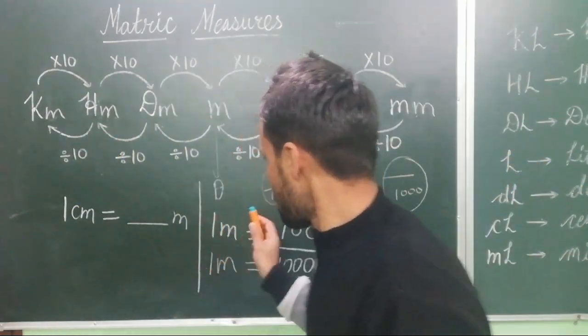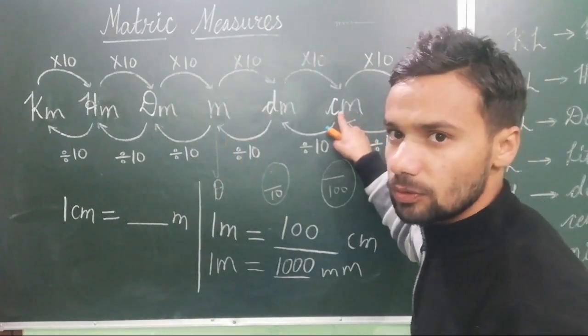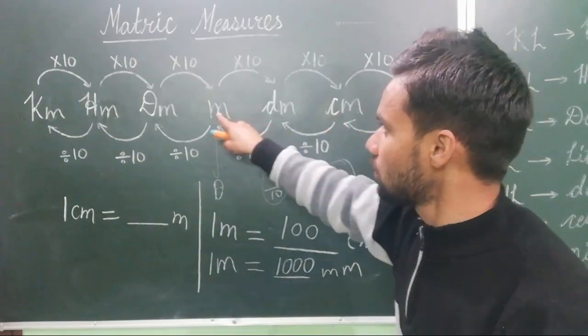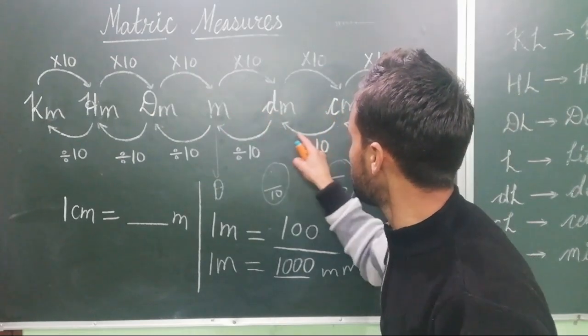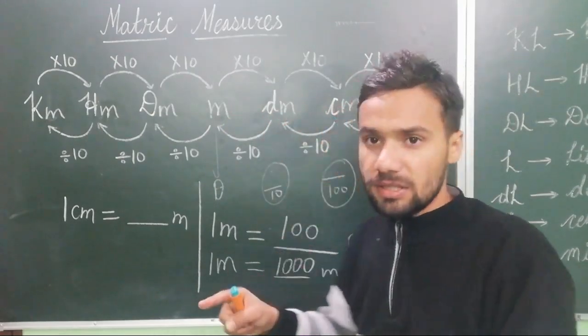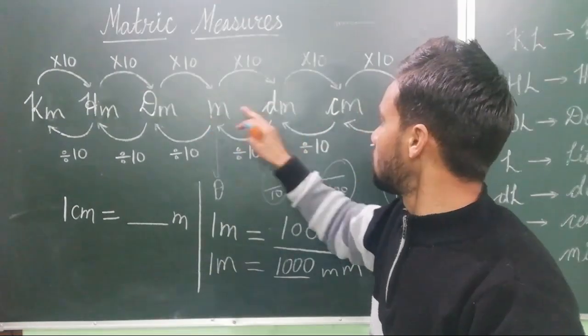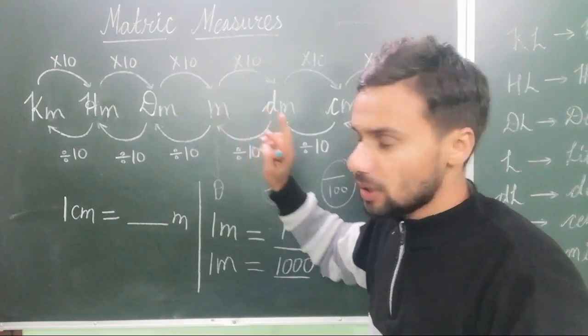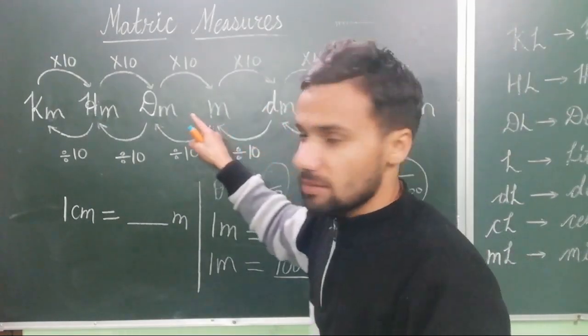For example, this is centimeter and this is your meter. You want to convert this centimeter into meter. So how many times you divide here? Divide, because centimeter is smaller than this unit. But how many times? 10 times, 10 times.